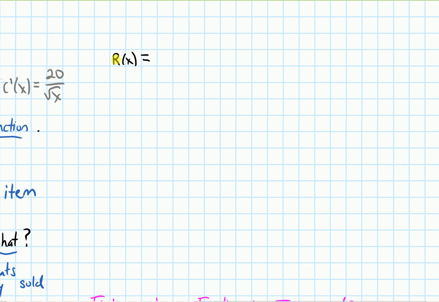The revenue, well, it tells us that blue books cost 85 cents a copy. So we would multiply that price in dollars, $0.85, times the number of items, so times x.